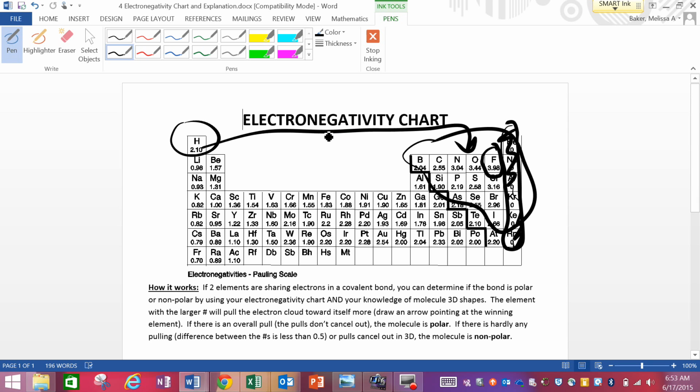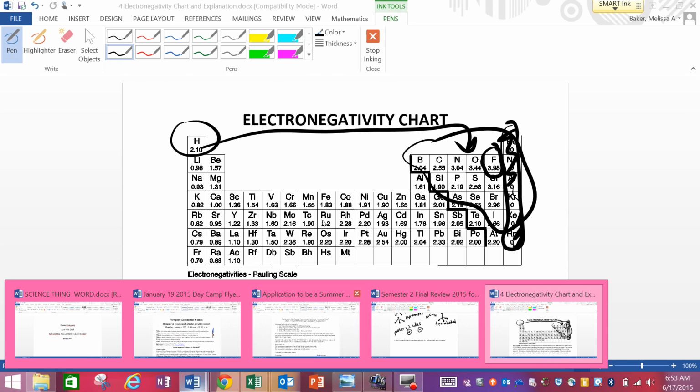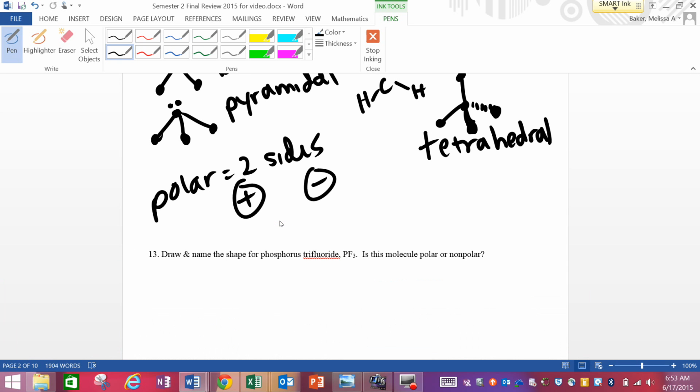Okay, so how do you tell if something's polar? If the difference in electronegativity between two atoms is greater than 0.5, let's see, so let's make a little chart here. If something is polar, that means the atoms have a difference greater than 0.5. They're all nonmetals.